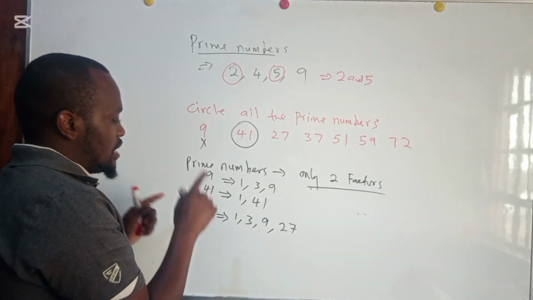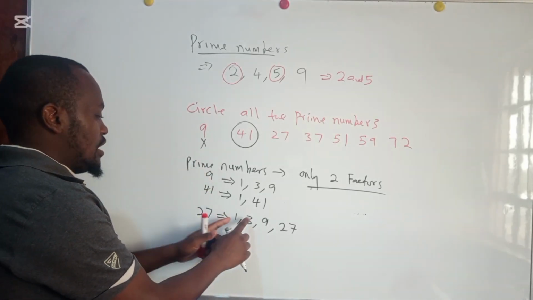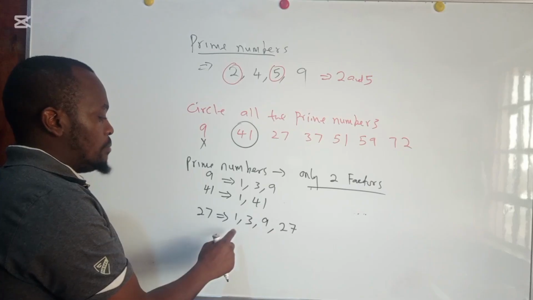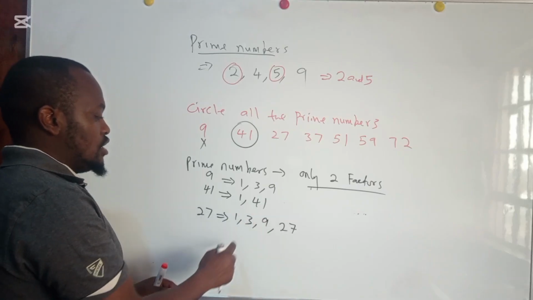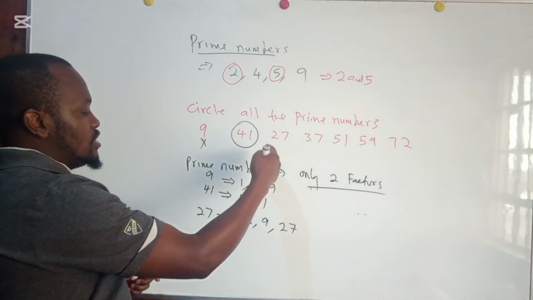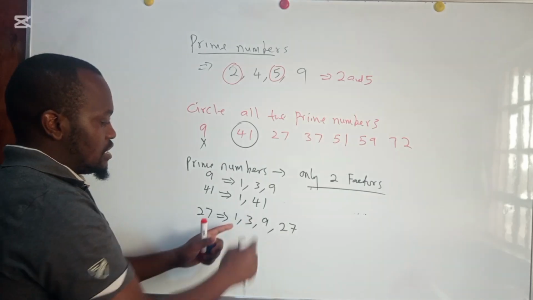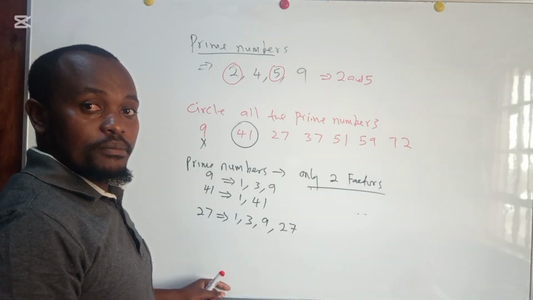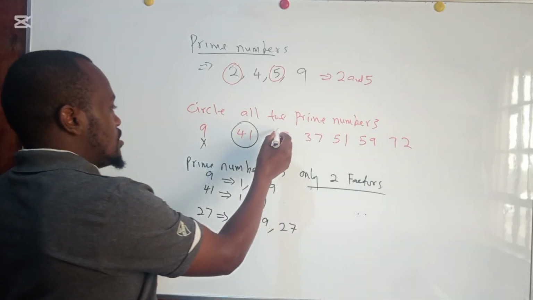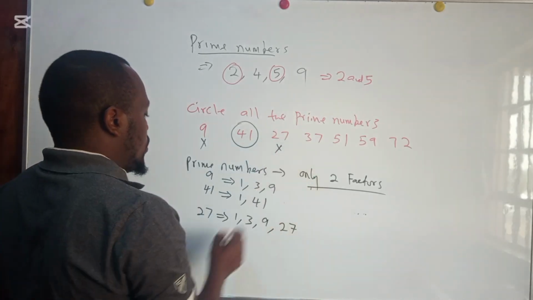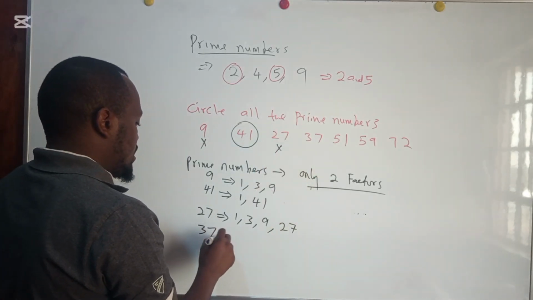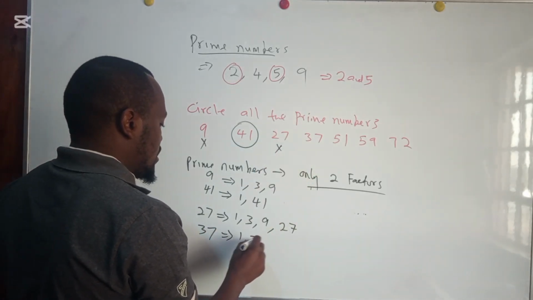The moment you identify that it can have another multiple apart from 1 and itself, you just cancel it. You don't have even to identify all this. I'm just doing this for the purpose of illustration. So this one is not a prime number. What about 37? That 37 is only divisible by 1 and itself.